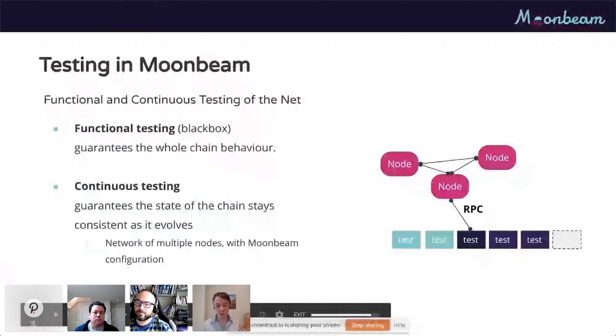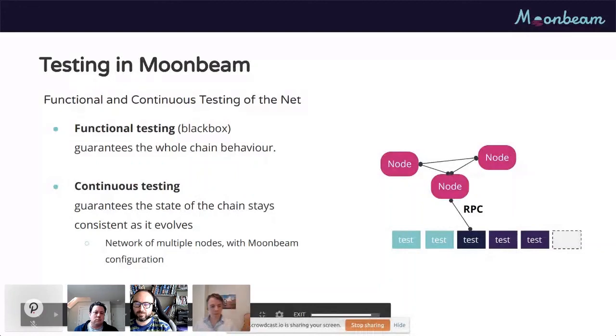For that, it starts a full node of Moonbeam, where we run the tests through the RPC API, mostly the Ethereum RPC API, because we want to ensure that Ethereum developers are going to get what they want from the nodes.